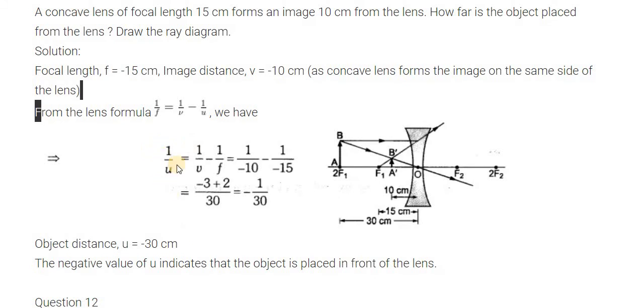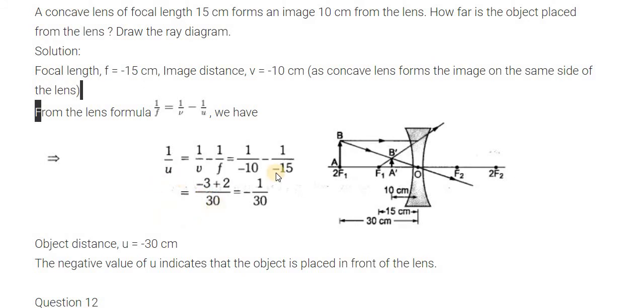Now here we have to find out the object distance. So 1 by u is equal to 1 by v minus 1 by f, which is 1 by minus 10 minus 1 by f, and the focal length is minus 15. If we take the LCM, then we get minus 3 plus 2 divided by 30.